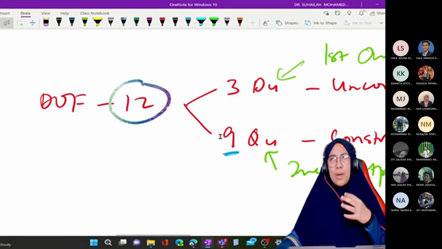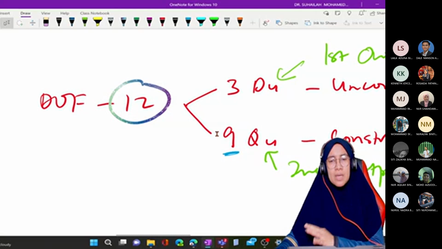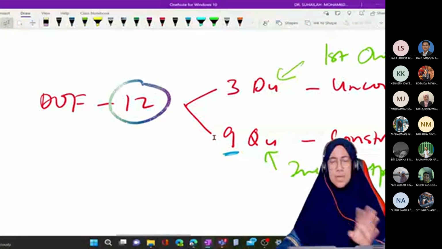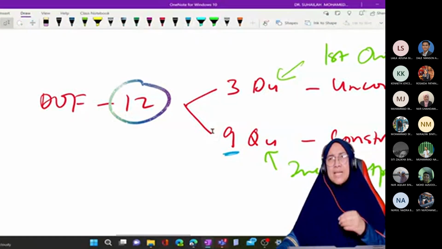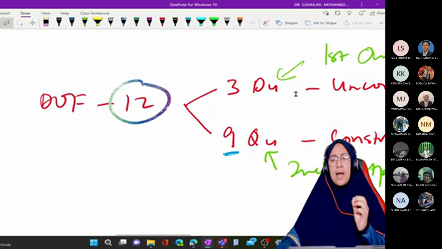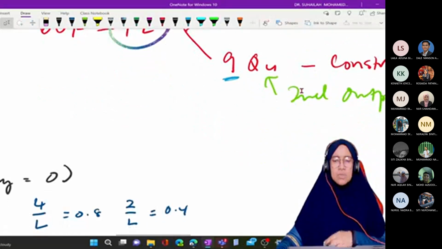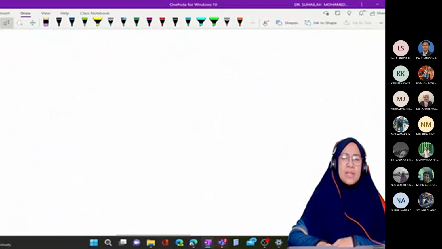Whenever we want to solve for unknown displacements without support settlement, we just analyze the stiffness equation corresponding to the unconstrained system only.